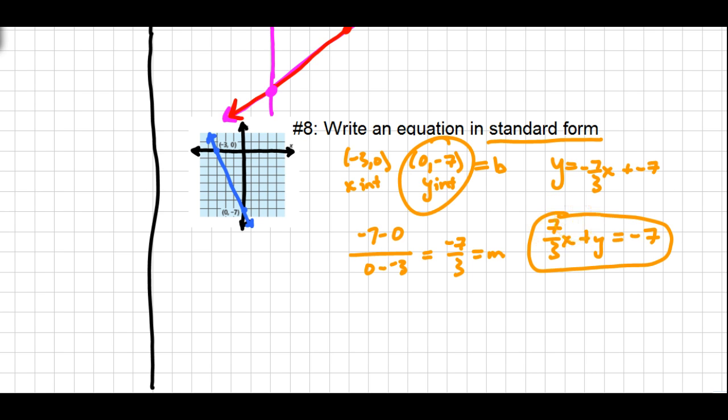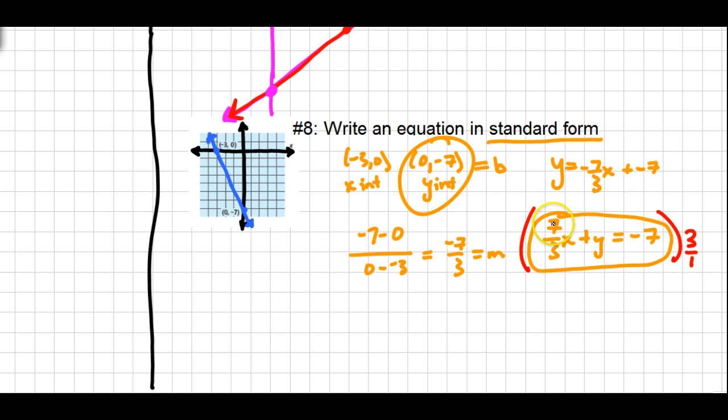The authors of the book want you to eliminate any fractions that exist when you're writing standard form. To eliminate the fractions, as we've done in previous lessons, we will simply multiply by whatever the denominator is. In this case, the denominator is 3, so I'm going to take this entire problem and multiply everything by a 3 or by 3/1.